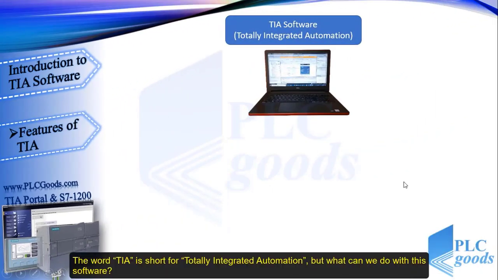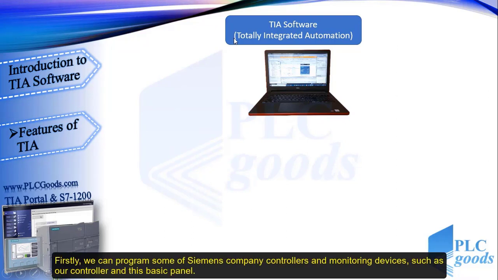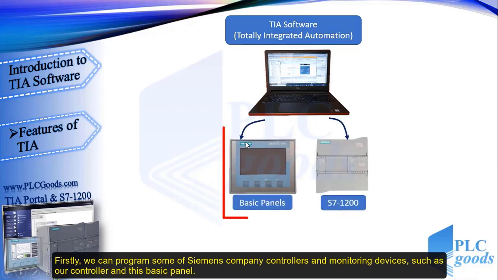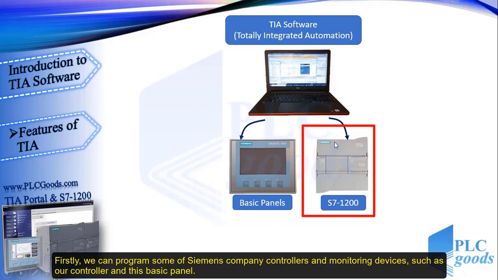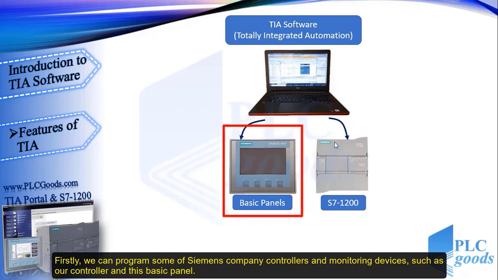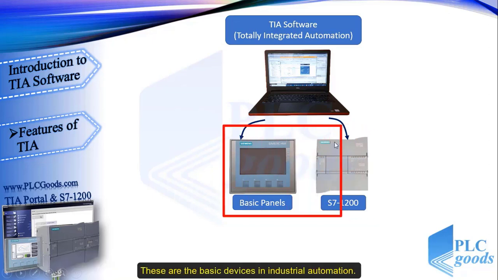The word TIA is short for Totally Integrated Automation. But what can we do with this software? Firstly, we can program some of Siemens company controllers and monitoring devices such as our controller and this basic panel. These are the basic devices in industrial automation.